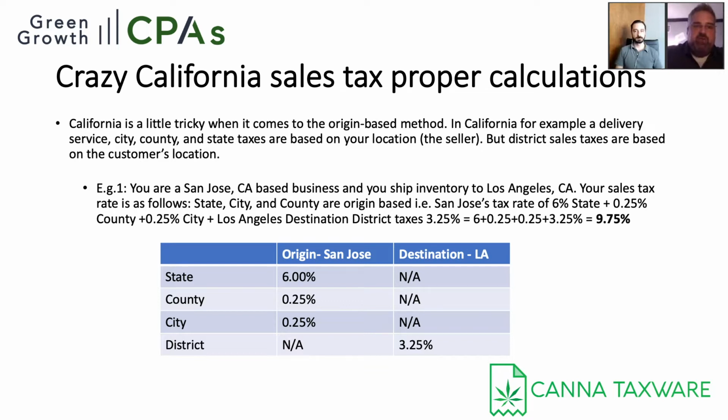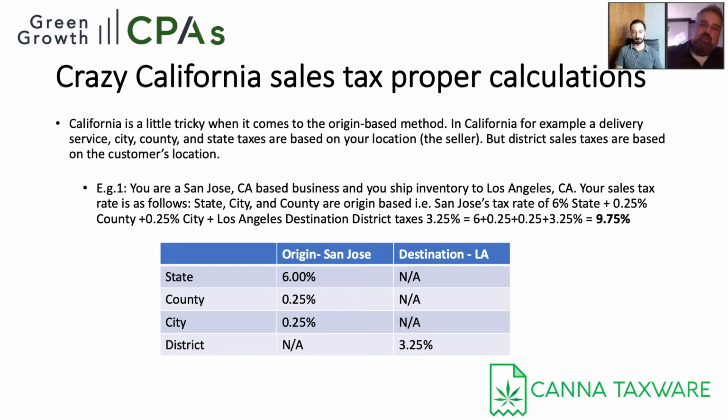First and foremost, Jane is going to have to make sure she's accounting for her origin, the address she's fulfilling from. She has a dispensary location in San Jose, California, on some Main Street. What Jane's going to charge John in Los Angeles is, first, the state tax, which is a flat rate of 6% in California. Then she's going to charge for the county and city of San Jose, where she's fulfilling from.